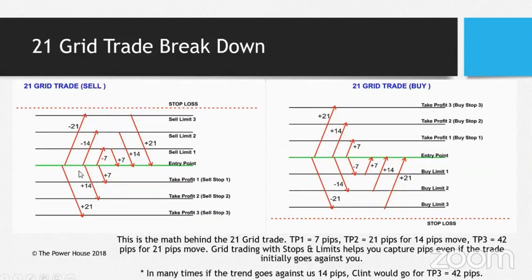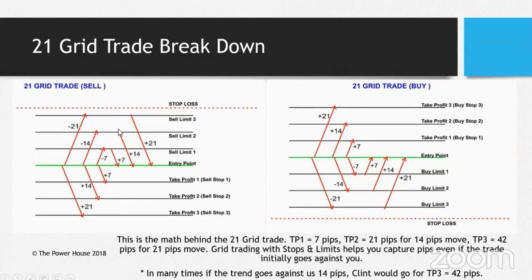Now, if the trend keeps moving further and it moves another 7 pips over here, from the original entry we have a 21 pips move. From the second entry we have a 14 pips move up to this level. And from this third entry, we would have another extra 7 pips move. So that would give us 42 pips.